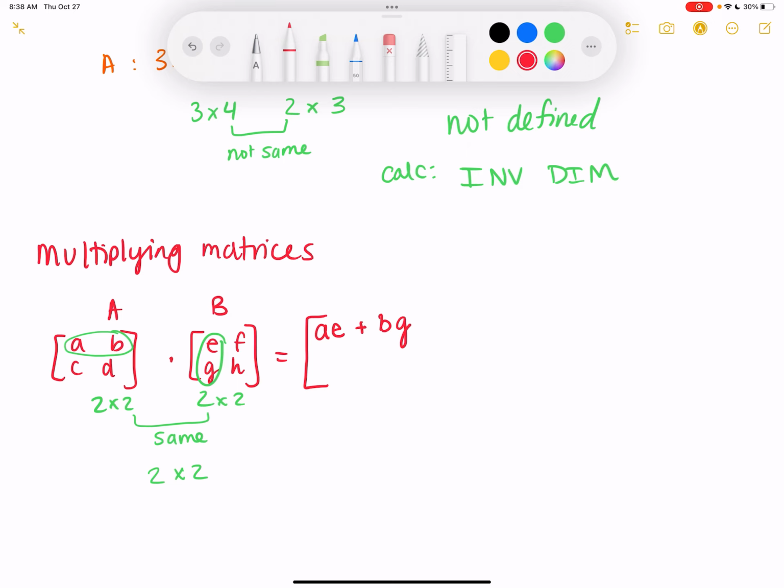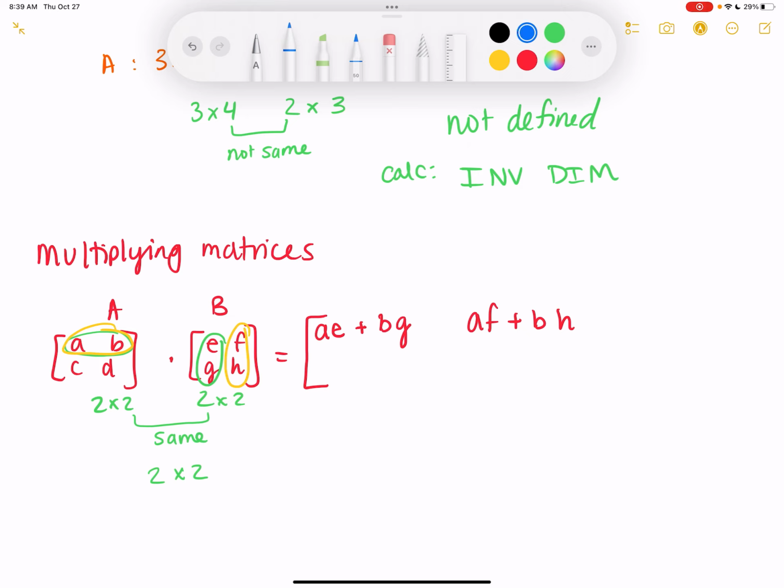Then the next spot up here is first row, second column. So it'll be here and here. So it'll be A times F plus B times H. Then we come down to the next one.